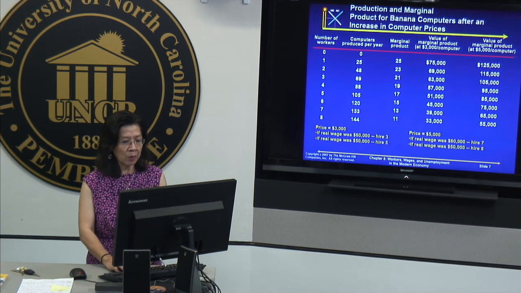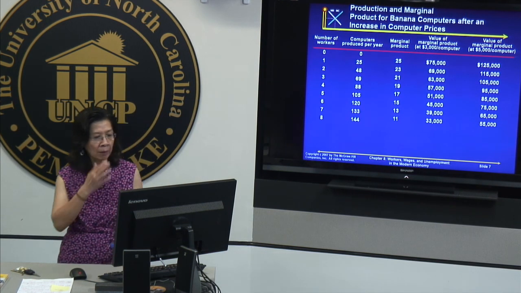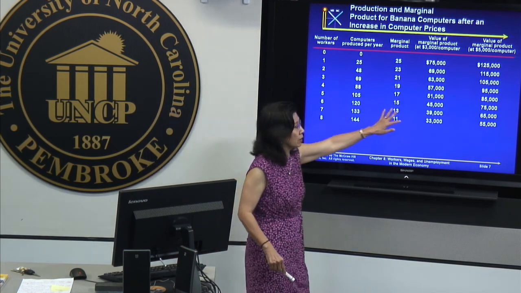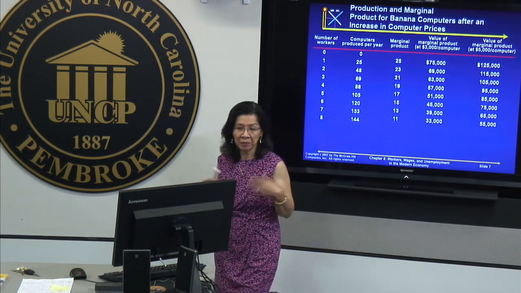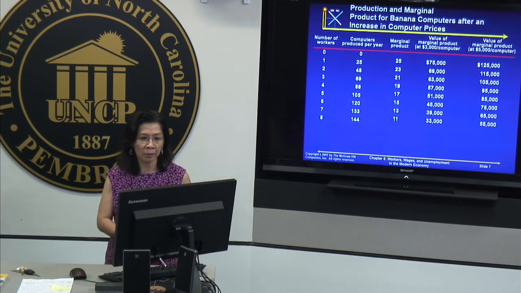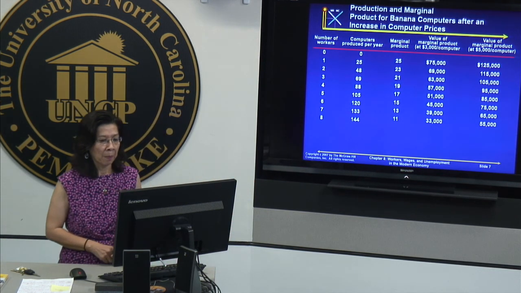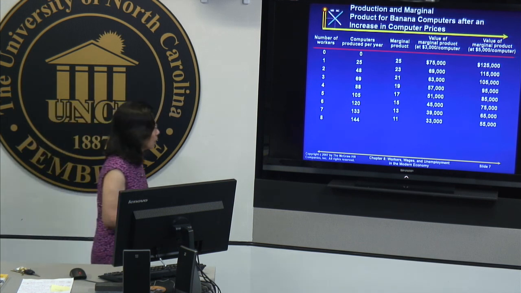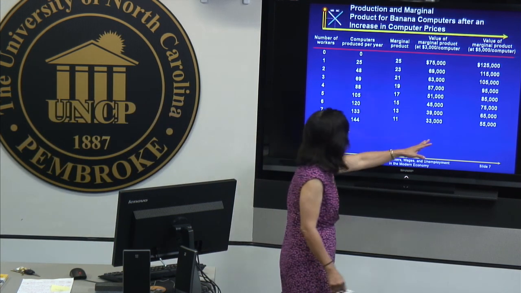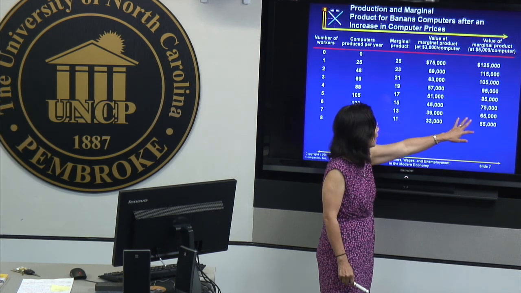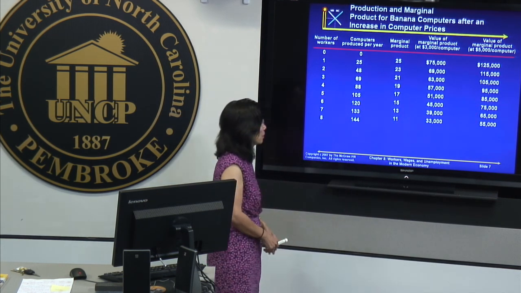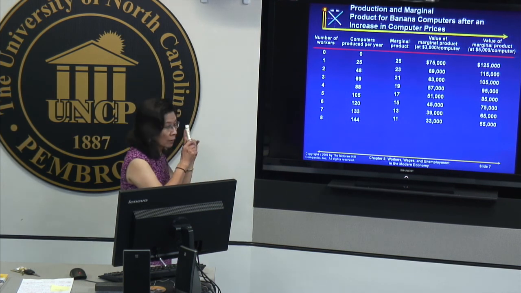So let's look at one more example here. In this example, the first four columns you see here are the same as the previous slide. You could look at your book as well. The value of the marginal productivity in the last column, the fifth column, has a different set of numbers. The reason is, let's read the title.